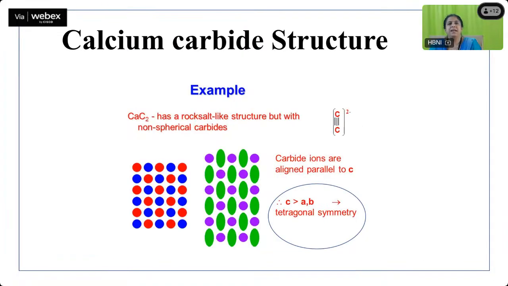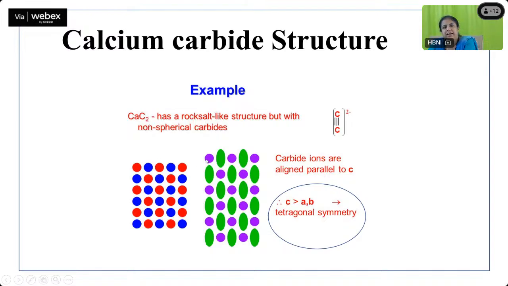Okay. Now, calcium carbide. Why did I take calcium carbide immediately after the rock salt structure? This is your rock salt structure. Okay. If you are able to see it from the top, then this is one of the faces you will see, or let's say the front face that is facing you. Now here your anion is carbide, C2 2 minus. Okay.